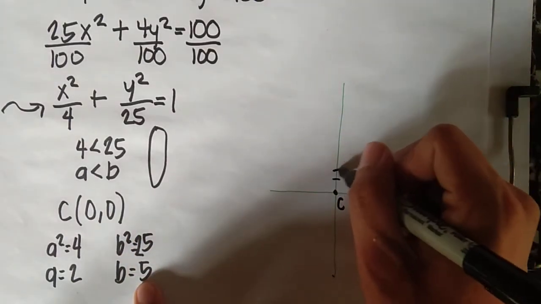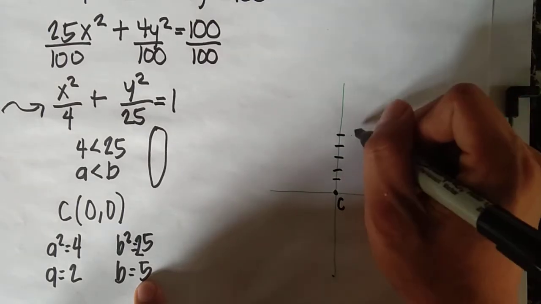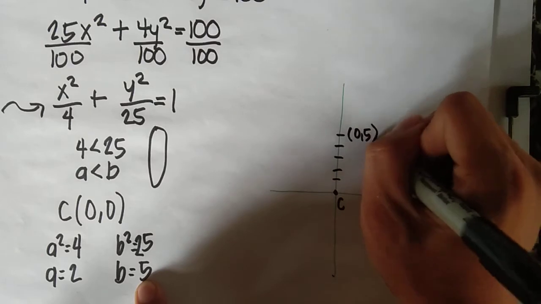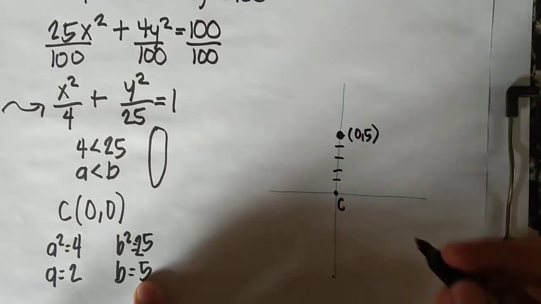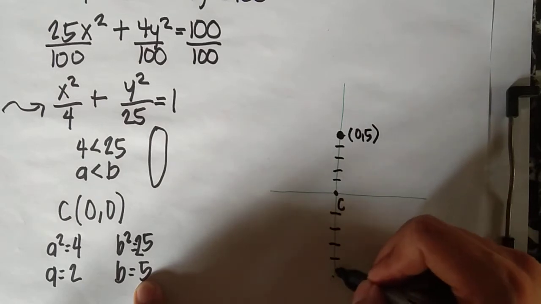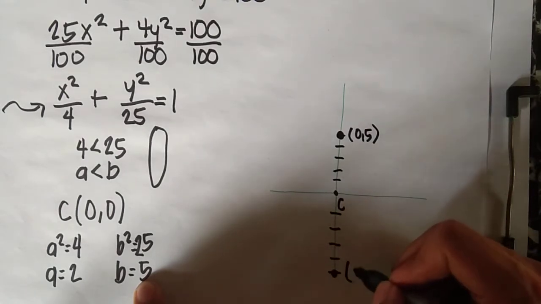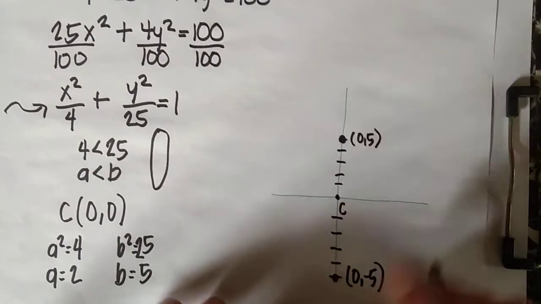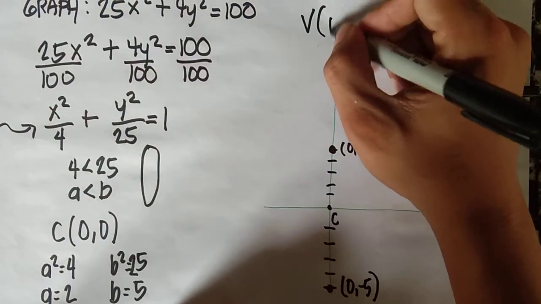So, we will have 1, 2, and this is 0, 5 for our vertex. And then, pababa naman, let's count 1 to 5. And that is 0, negative 5.